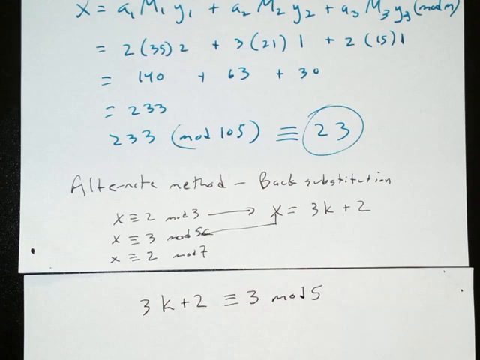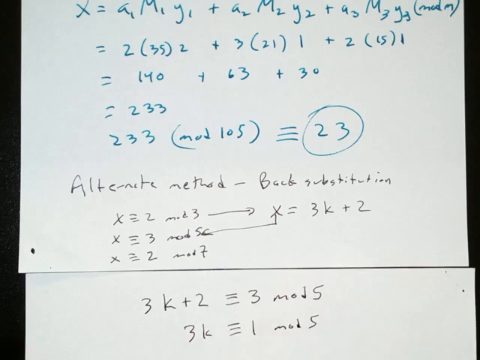x should be congruent to 3 mod 5, yes? I can subtract 2 from both sides of this equation. Hey, look, that's asking me to find an inverse. 3k equals 1 mod 5.